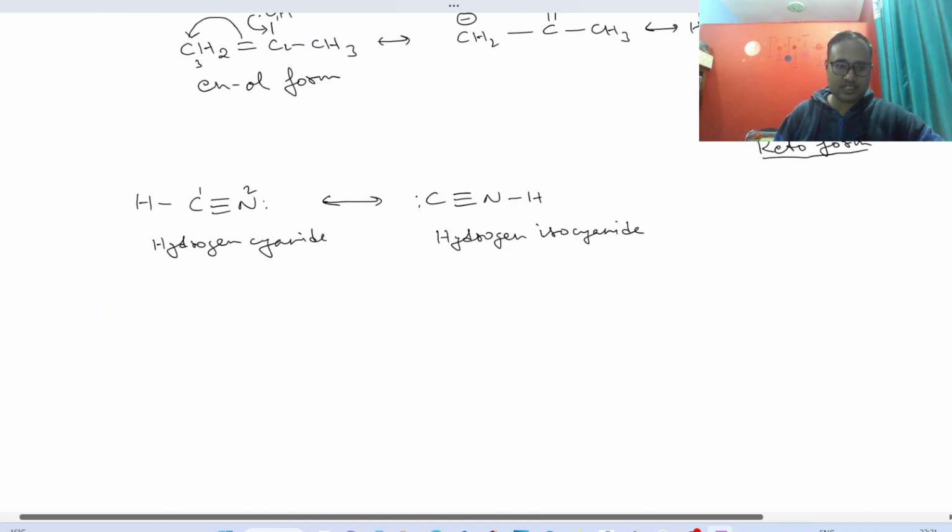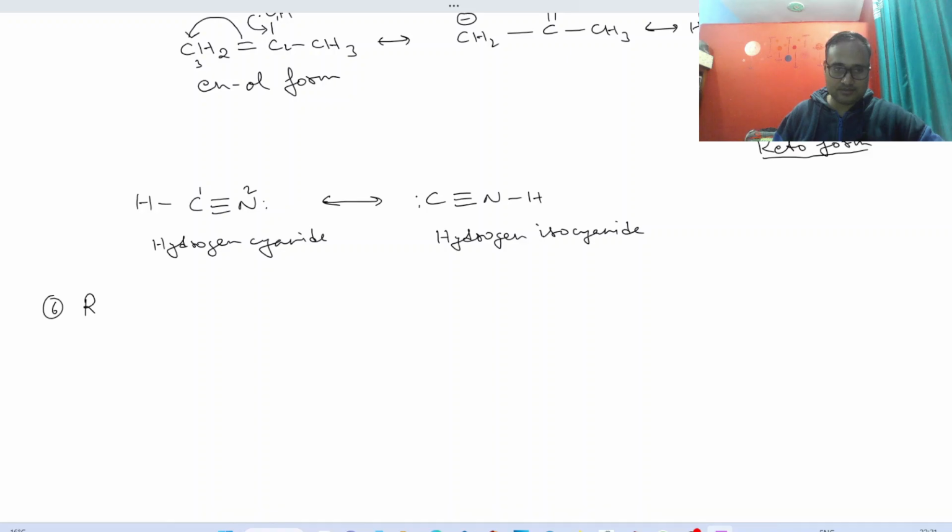The next type of isomerism, the sixth type, is the ring chain isomerism.